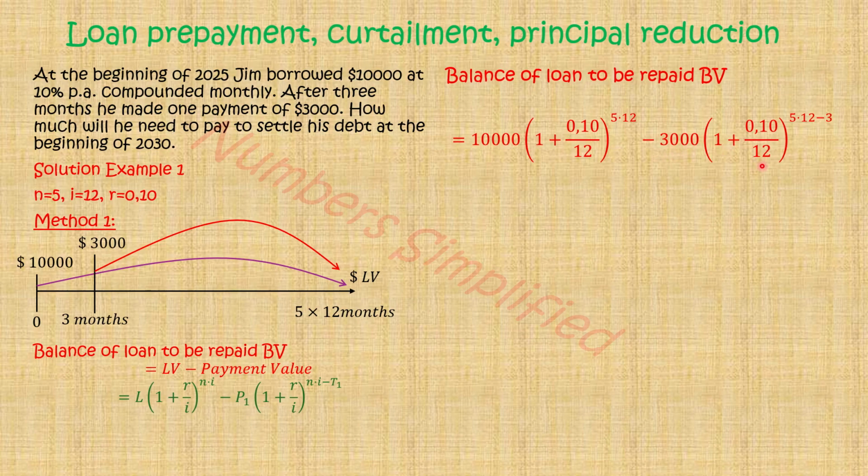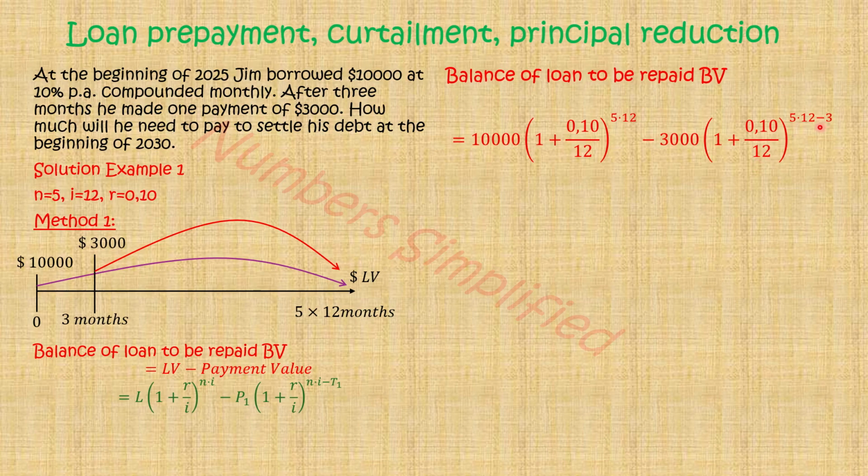We are assuming that the interest rate is the same from the time the loan was given out to the time the loan would be due, so we use 0.10 in decimals, divided by the 12 periods in a year, all raised to the power 5 times 12 minus 3 months.